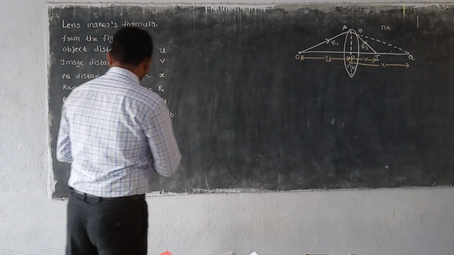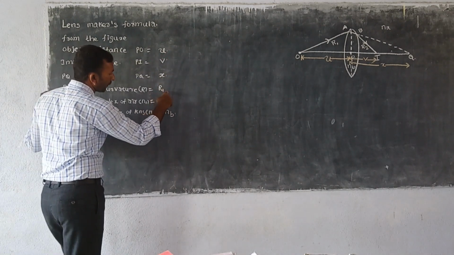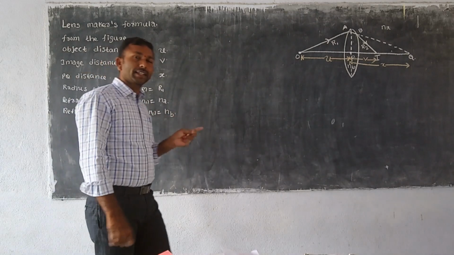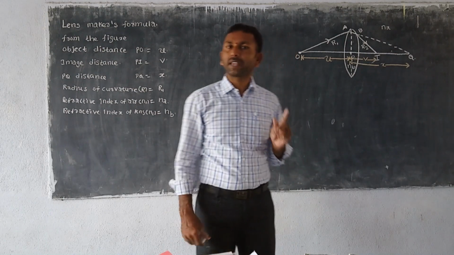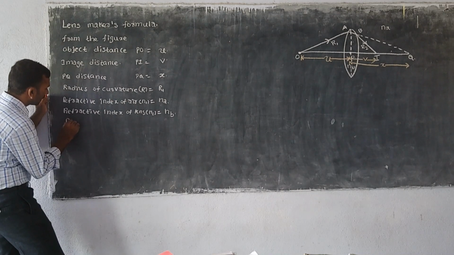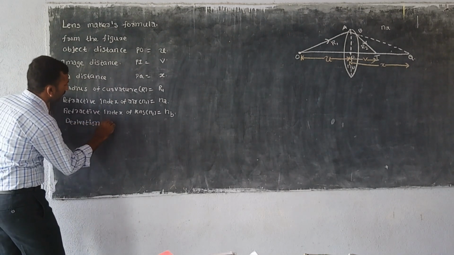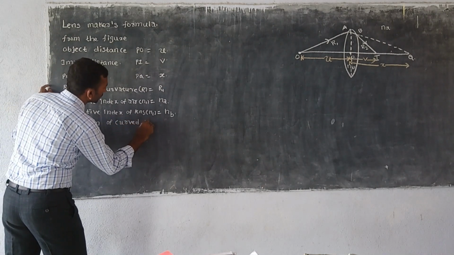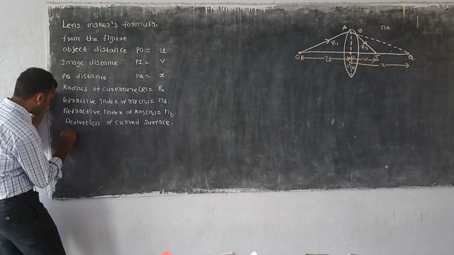Based on these values, we have R1, we have Na, we have NB. Based on the radius of curvature and the refractive indices, we have one formula, that is the derivation of curved surface formula.